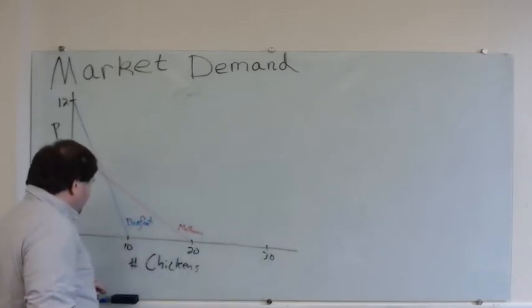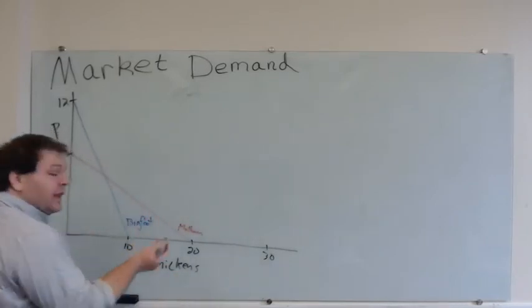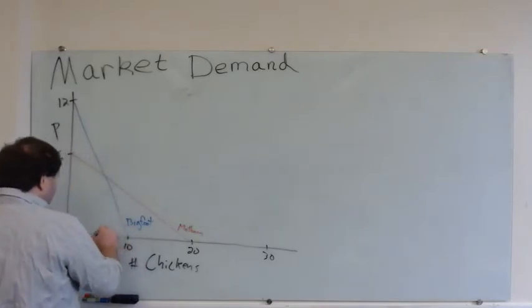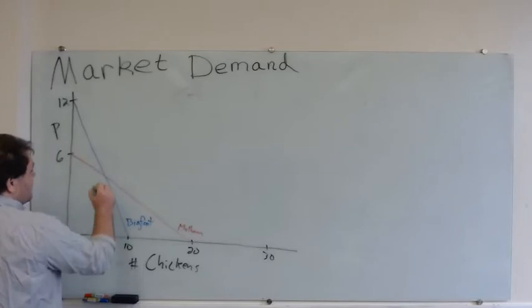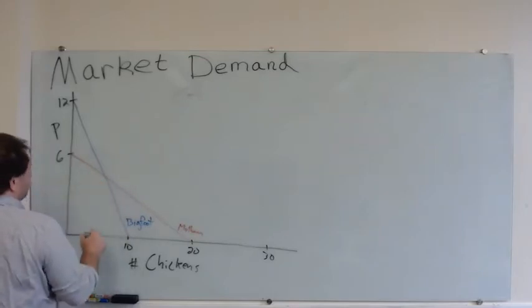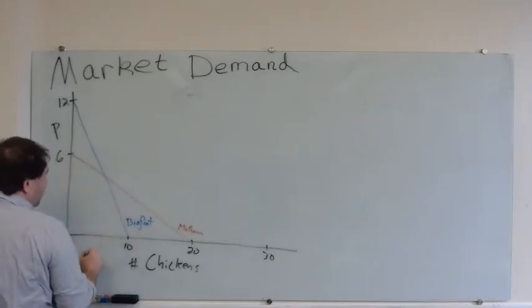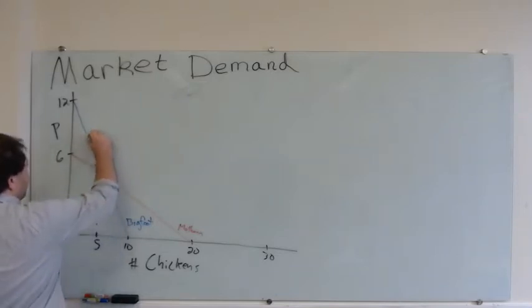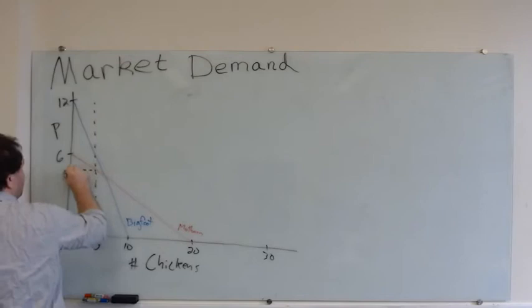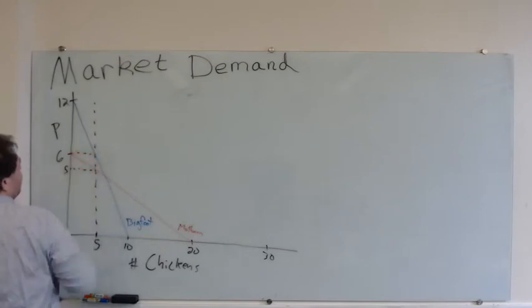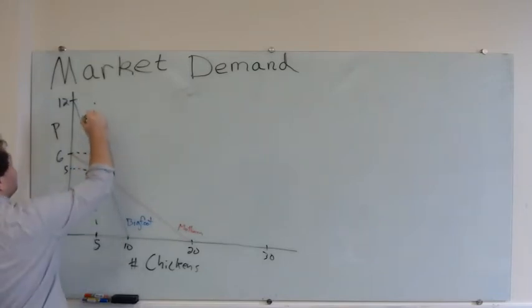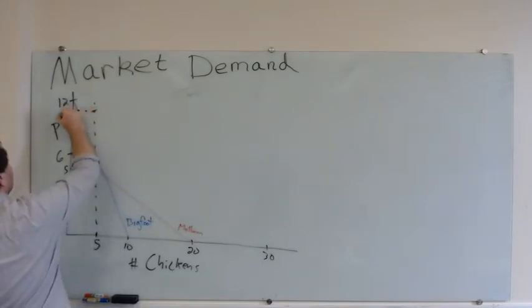There are two different ways we can do it. We could add vertically or we could add horizontally. So what does that mean? Well, if we're going to add vertically, we would say maybe when Bigfoot and Mothman are both buying 5 chickens, Bigfoot's got a P of 5, Mothman's got a P of 6, so we should add them up and get 11.